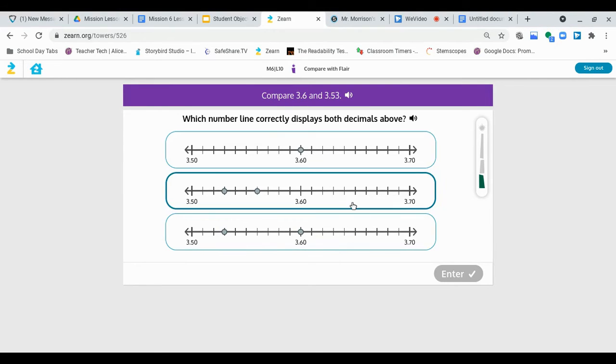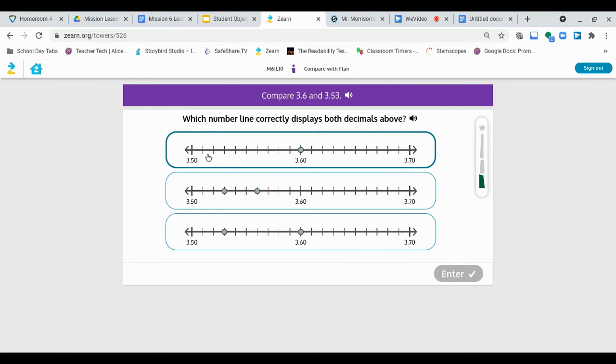I can eliminate the second one because it does not have a dot on that 3 and 60 hundredths. So it's either the first one or the third one. Now I have to see which one has a dot at 3 and 53 hundredths. We have the marks right here. Each one is 1 hundredth, 2 hundredths, 3 hundredths.